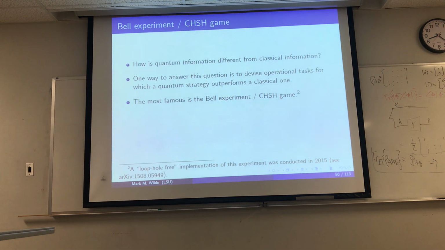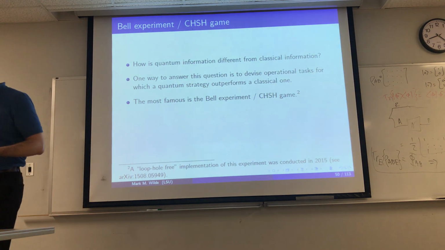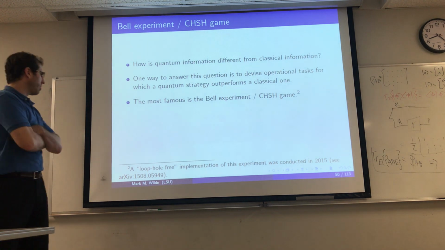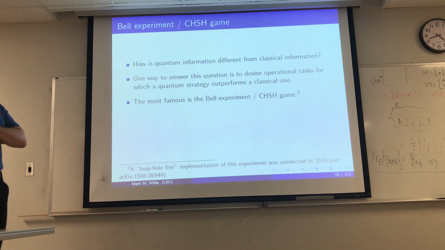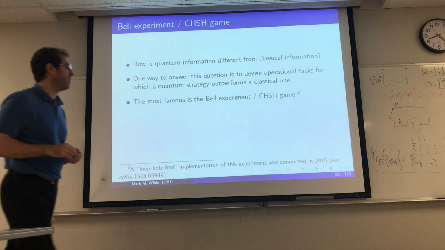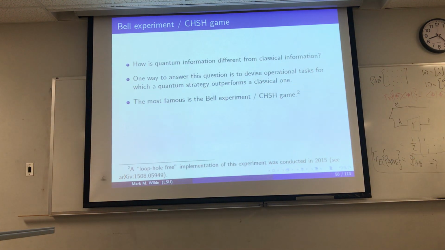Okay? So what does that mean? There are different kinds of loopholes that can come into play when you're actually trying to implement these Bell experiments. One is called the detection loophole, and this is that sometimes your detector won't fire, right? So if the channels over which you're doing the experiment are very noisy, or if they're happening over long distances, there could be loss, right? And we talked about that.